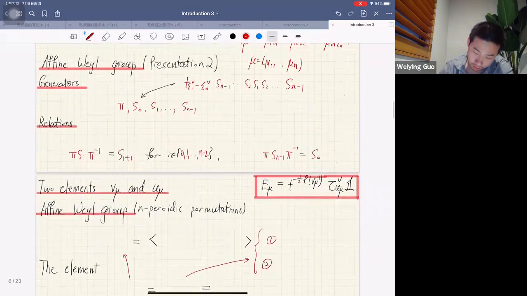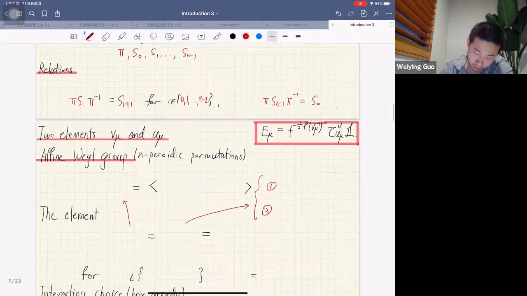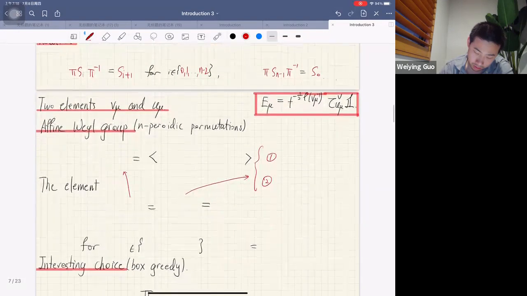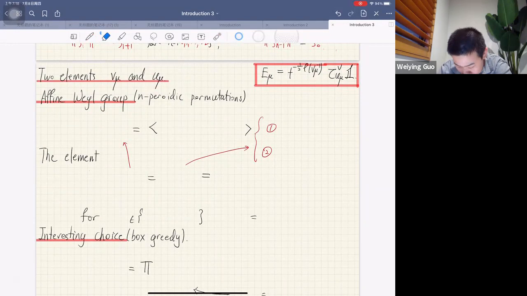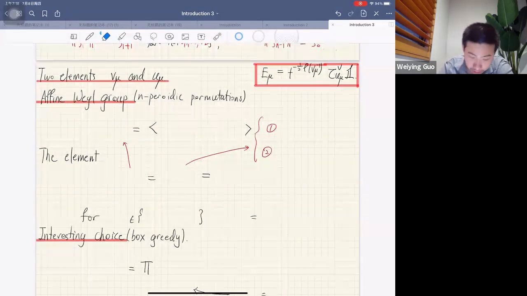So if no more questions, then we should proceed with the affine Weyl group. The interesting element U mu is an element inside of our affine Weyl group, which is also the n-periodic permutations.